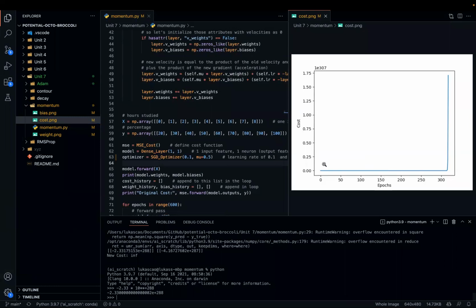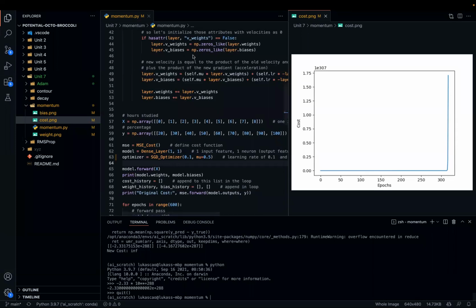So that means your learning rate is too high, okay? And also, this gives away if your learning rate is too high. Because if your cost is infinite, then that's a problem because you don't want infinite error. That means your model is really, really dumb. Okay, so what's your new guess?